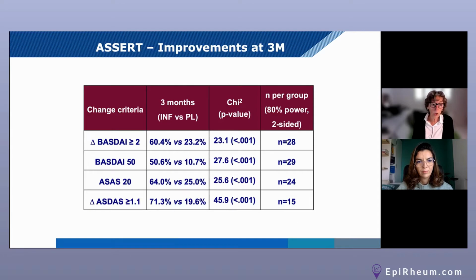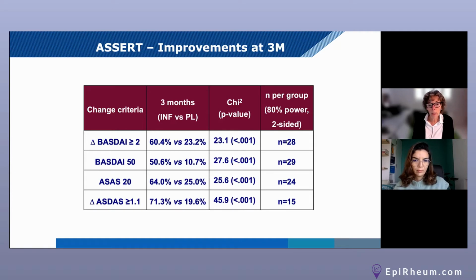Thereafter, you also have to validate these cutoffs. So here we compared the ASDAS change of at least 1.1 versus the ASAS 20, the BASDAI 50, or a change in BASDAI of at least 2. Again, in the same trial that I mentioned before. Here you can calculate the chi-square, and the higher this chi-square is, the better the discrimination is.